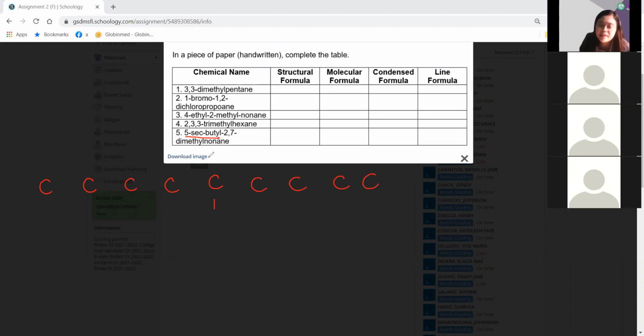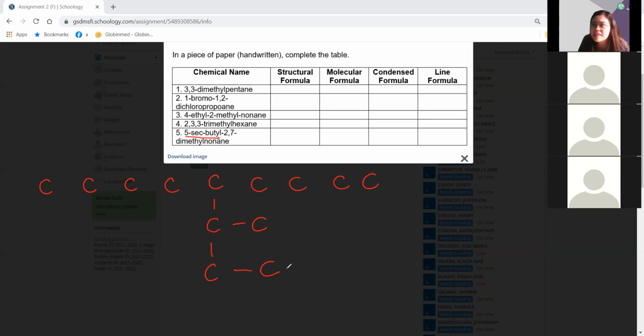Pwede sa baba, pwede sa taas ha. Sa baba lang ako kasi that is convenient for me. May nakasulat na sa taas kasi. So that is 5-sec-butyl. What do you mean by sec-butyl? 4 na carbons. But the bonding is on carbon number 2. So kung meron kang 4 na carbon tapos sa second carbon yung bonding, it looks like this.